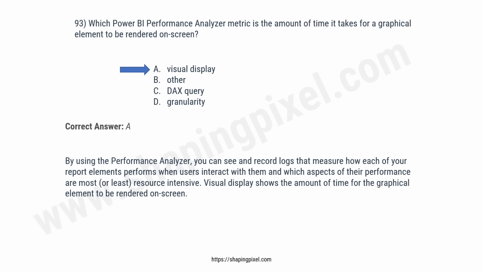By using the Performance Analyzer, you can see and record logs that measure how each of your report elements performs when users interact with them and which aspects of their performance are most resource intensive. Visual display shows the amount of time for the graphical element to be rendered on screen.